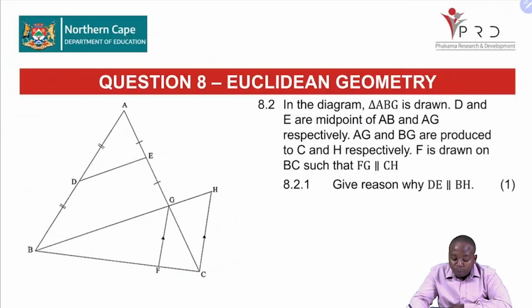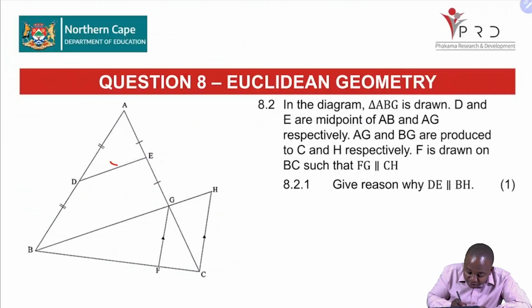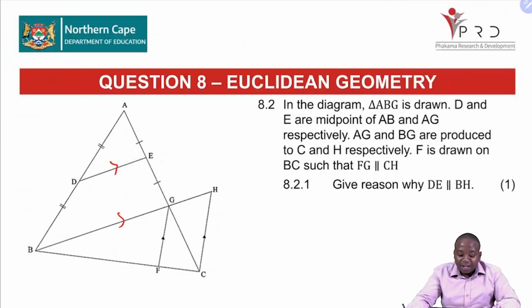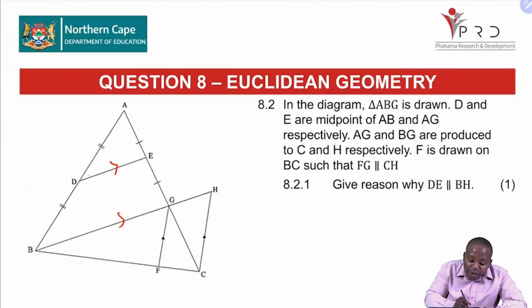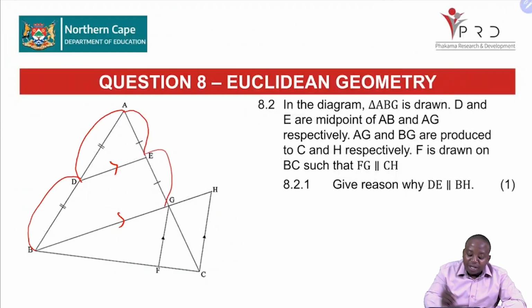Let us look at 8.2.1. It reads, give a reason why DE is parallel to BH. They are saying, tell us why these two are parallel. And we could say, or we've established this already, we are told that AD is equal to DB, and we are told that AE is equal to EG.